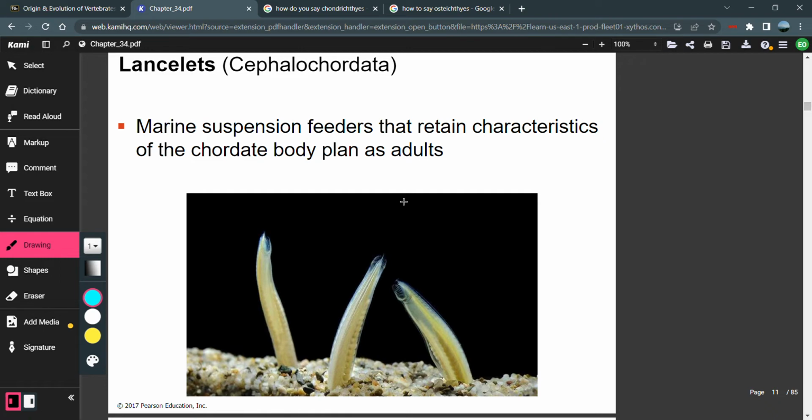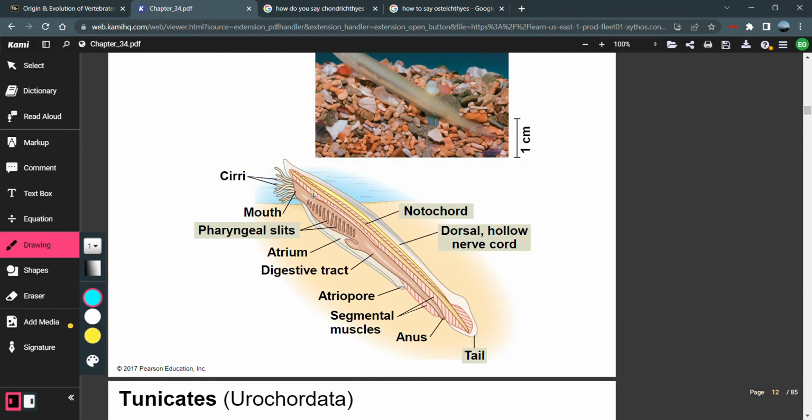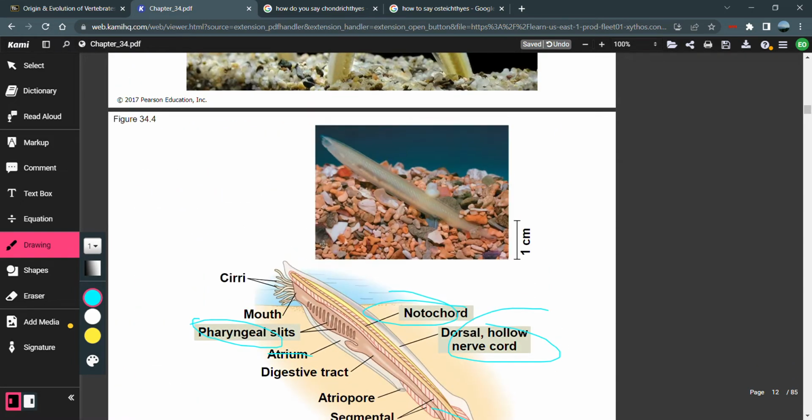So the cephalochordata or lancelets are marine suspension feeders that retain characteristics of chordate body plans as adults. So here is our suspension feeder lancelet. They have all four characteristics present in adulthood. The pharyngeal slits, notochord, dorsal hollow nerve cord, and a tail.